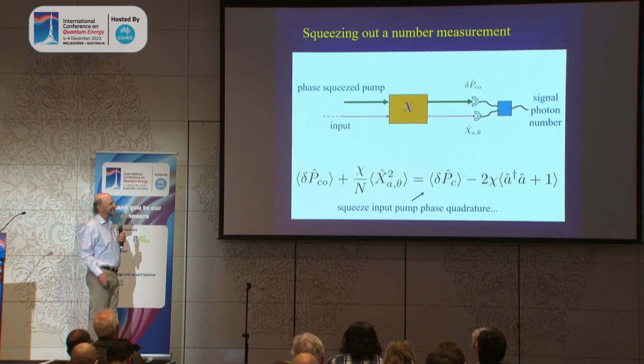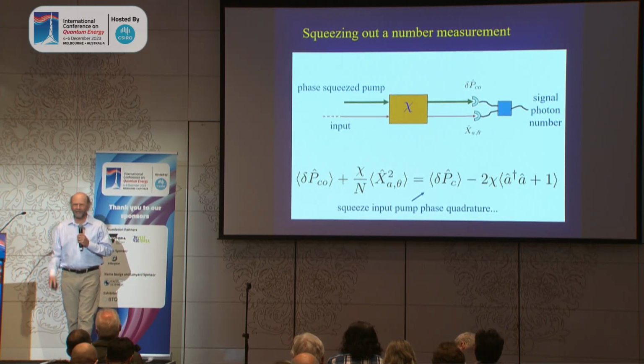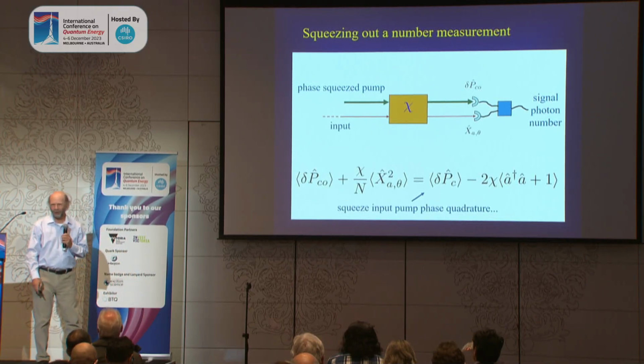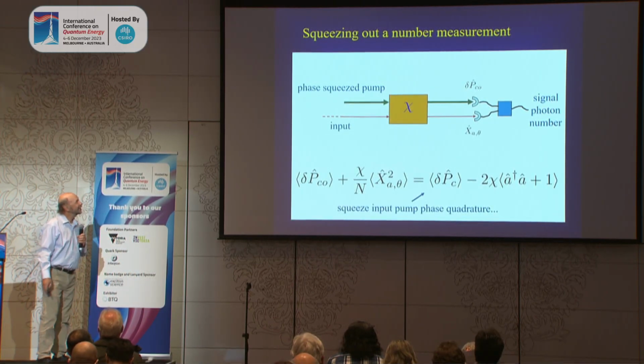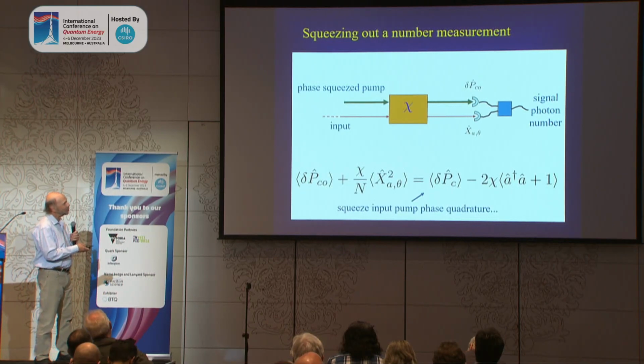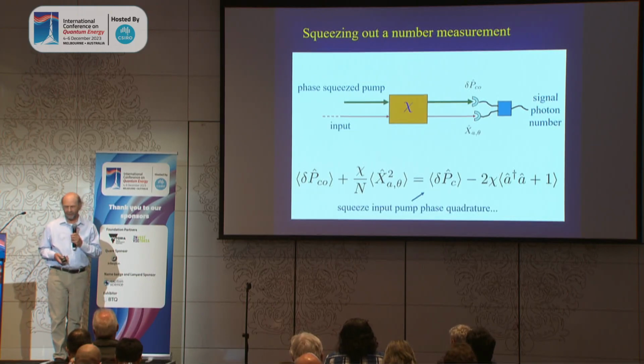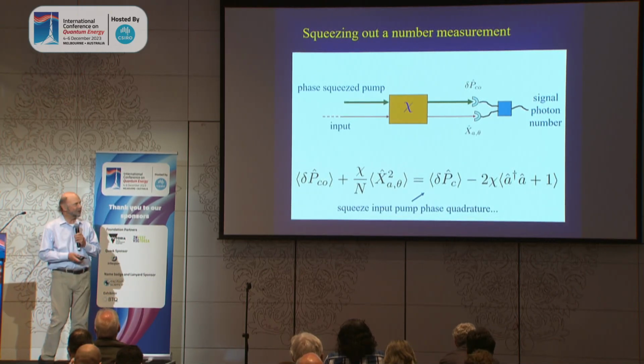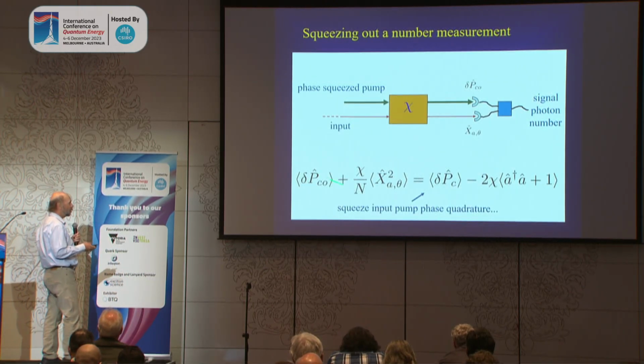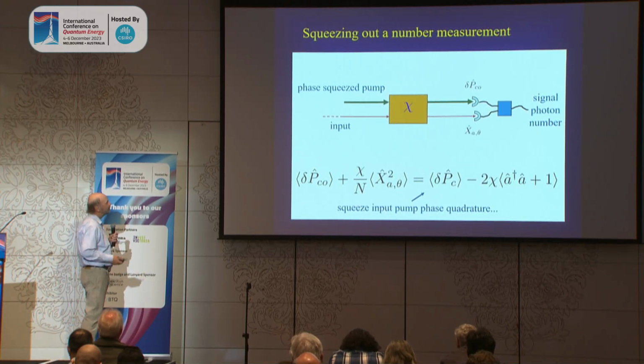So you might say, well, we've got photon counters. Why are you going to all this bother to count photons? The point is that quadrature measurements are very fast, and they can be very efficient and broadband, and they can work at room temperature. So this could be quite a powerful device.